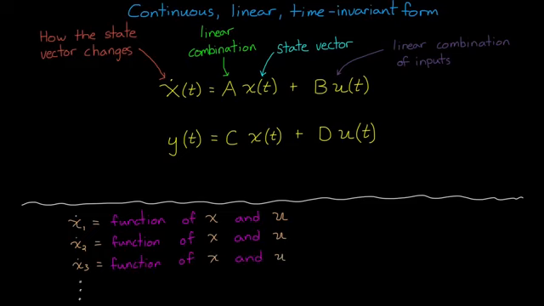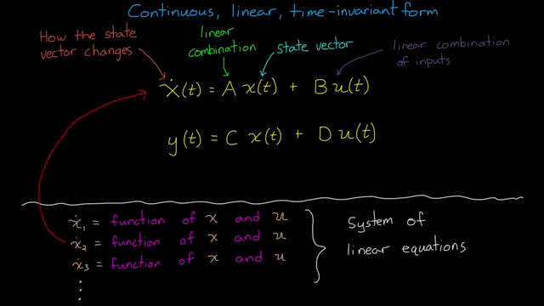And since we're only ever looking at the first derivative of each state, we end up with a set of first-order differential equations. What we're left with is a system of linear equations that we can package into matrix form. And if linear algebra is good for anything, it's definitely solving a system of linear equations. It is this repackaging into matrix form that gives us access to a lot of mathematical tools that we didn't have before.